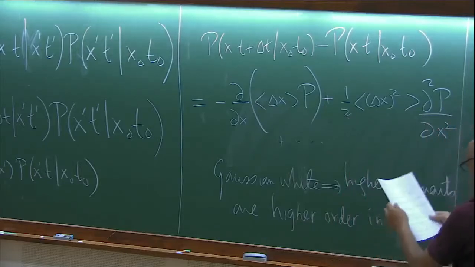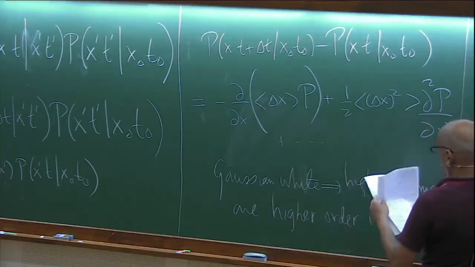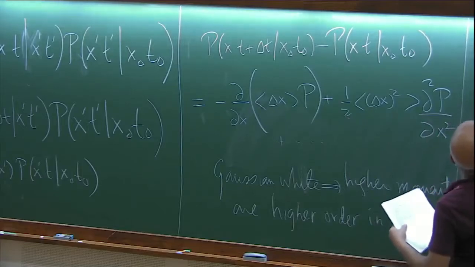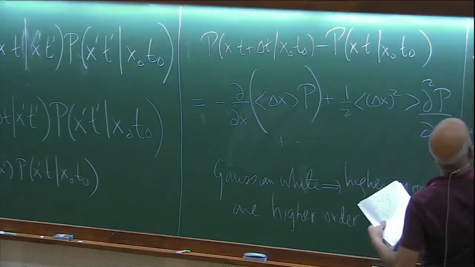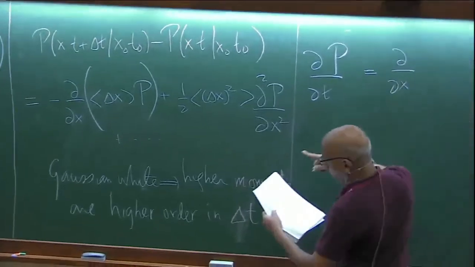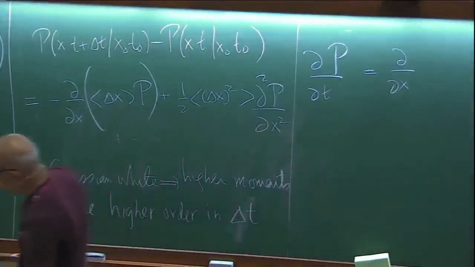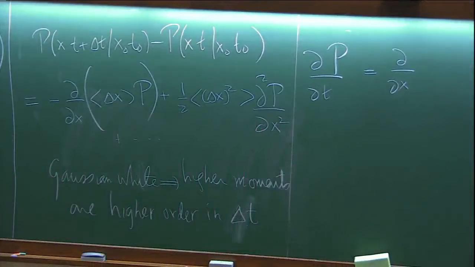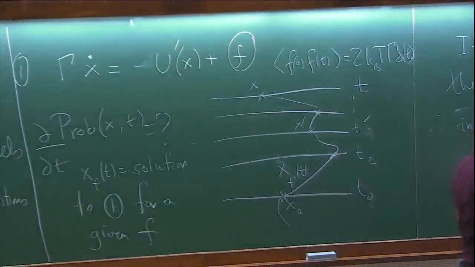And as a result, I'll get del p by del t is equal to, and you remember we had the mean and we have our equation of motion, where is it gone? Oh, it's here. So the mean will be average of u prime over gamma, and the variance will be our friend kBT over gamma, as you can see.